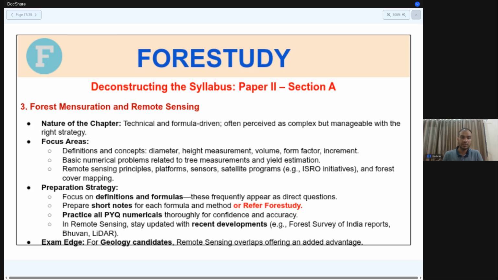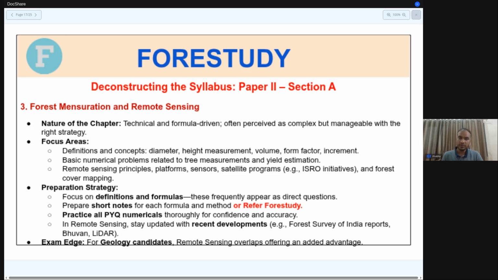The focus areas are definitions and basic numerical problems, which you should solve at least once or twice before the real examination. Many times a completely new problem may be presented to you in the examination, but if you have prepared that, it is good.